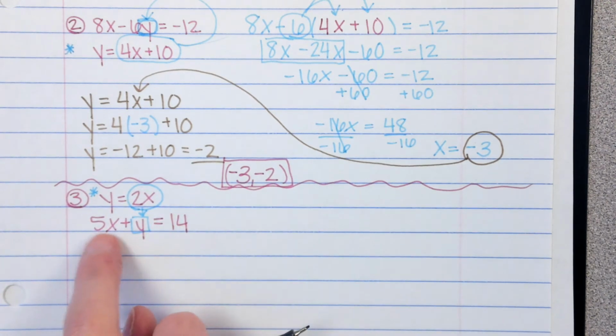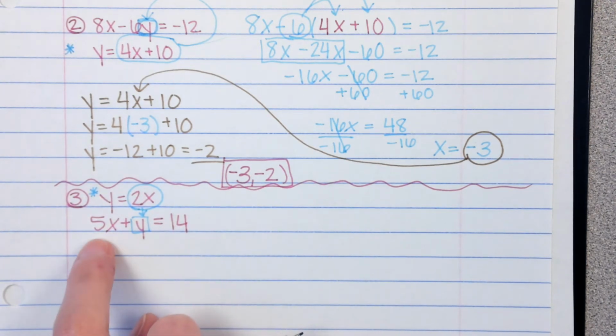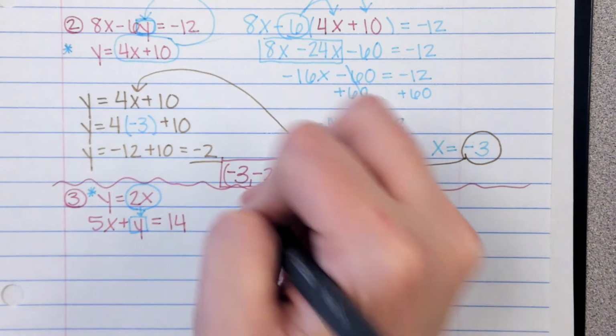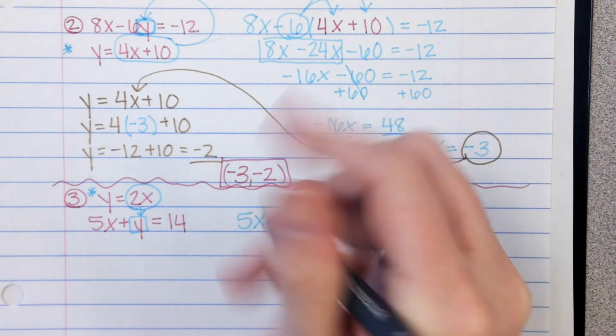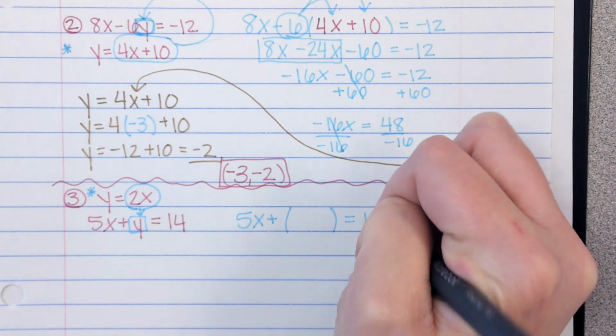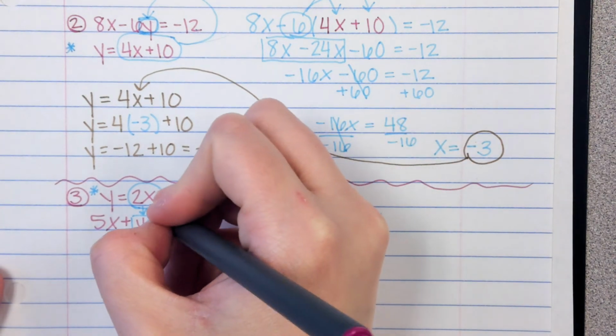All right, so the equation that I didn't circle, okay, I didn't star this other one, I'm going to start writing it out, but when I get to y, I'm going to plug in 2x. Okay, so 5x plus. I told you to make parentheses when you see the y, and then you're going to take what you circled and plug in the parentheses.